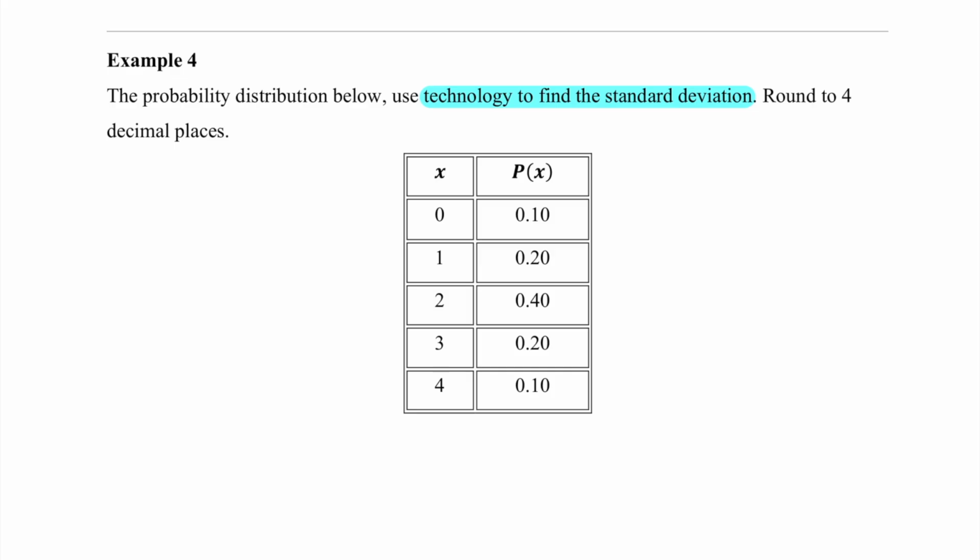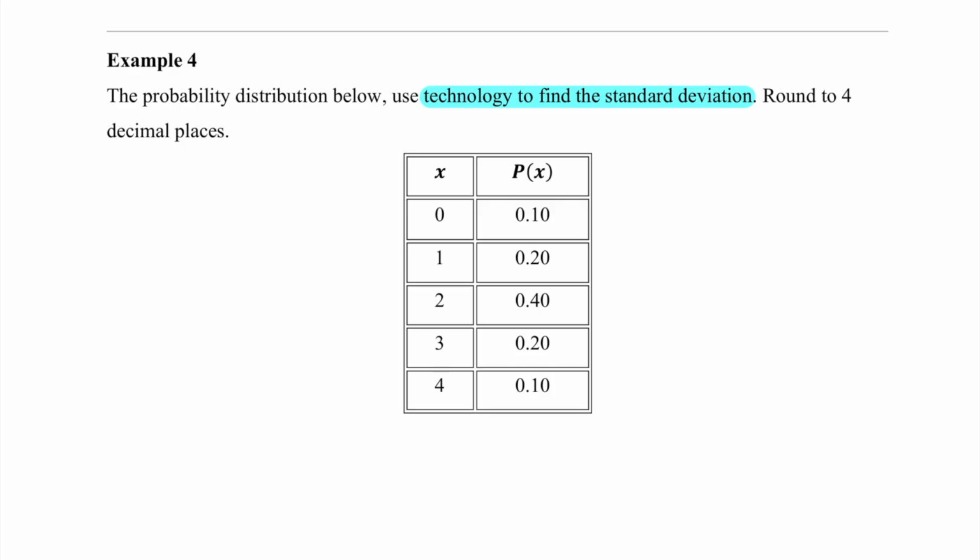Before using the calculator, let's quickly look at the table. The possible values are 0, 1, 2, 3, and 4. The probabilities tell us how likely each value is to occur. Notice that the highest probability occurs at 2, which is the center of the distribution.